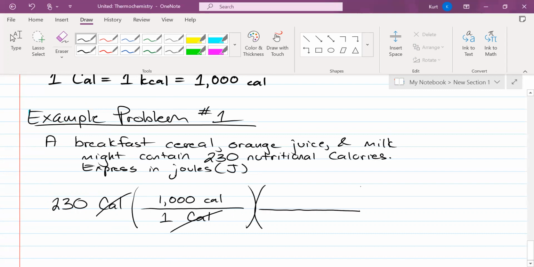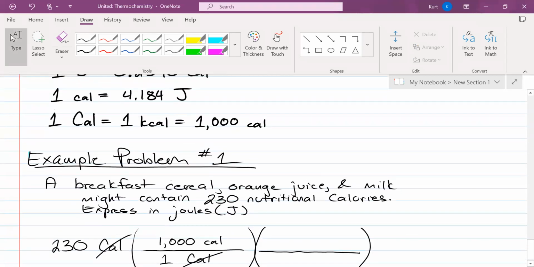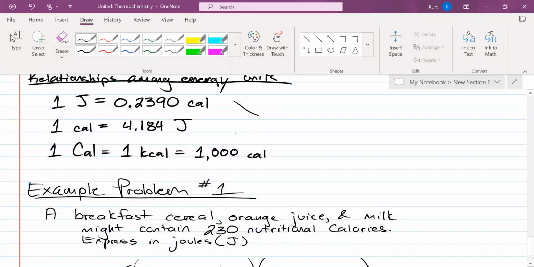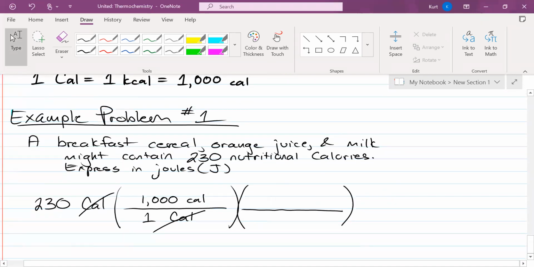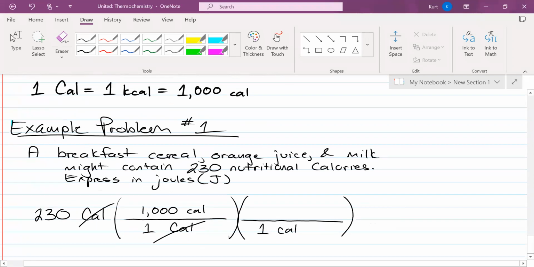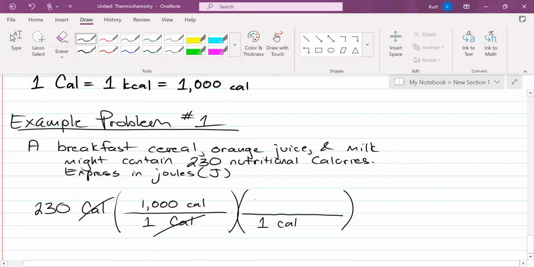Now, your second step will be to go from little calories to joules. You can use either one up here, everybody. Listen up. You can use either one. Your answer will be the same no matter what. So I'm going to say 1 little calorie is equal to 4.184 joules.